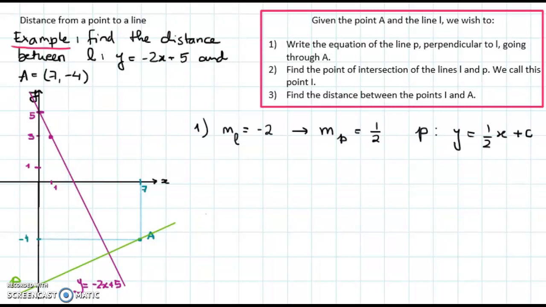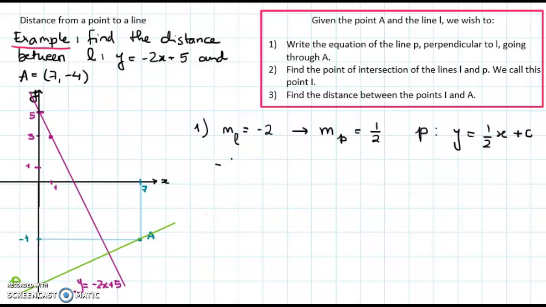We know that A is a point of the line, so it verifies the equation. That means if we substitute 7 for the value of x and negative 4 for the value of y, then we can find the value of c.